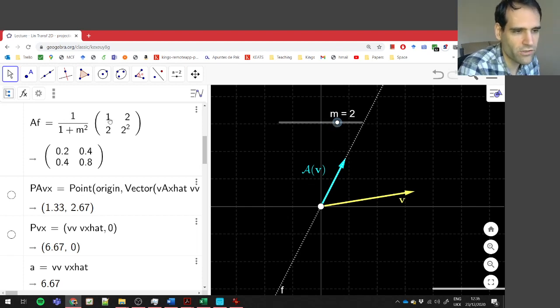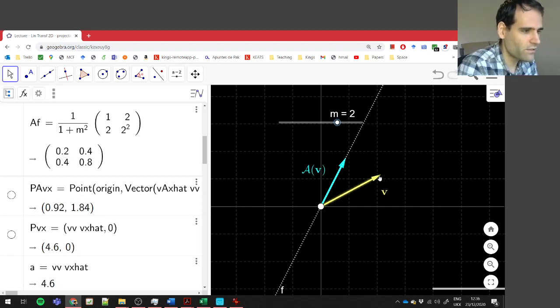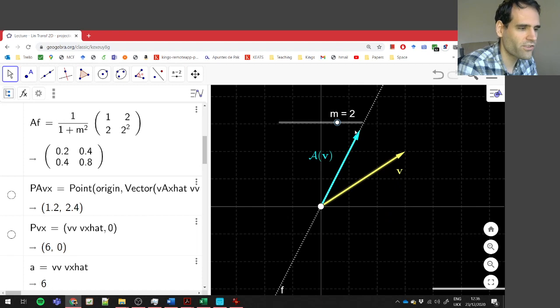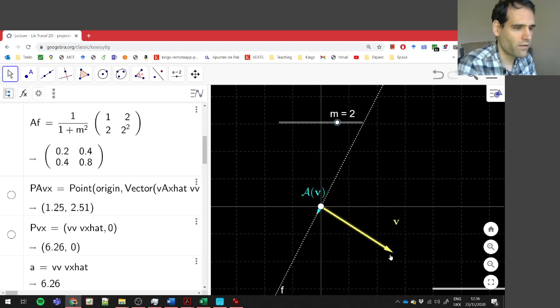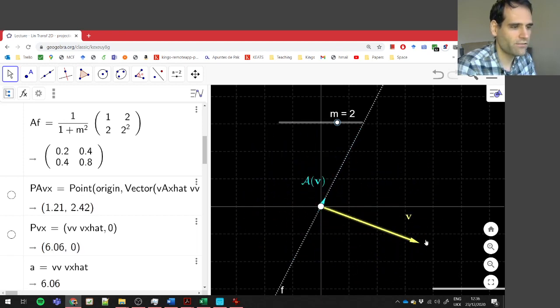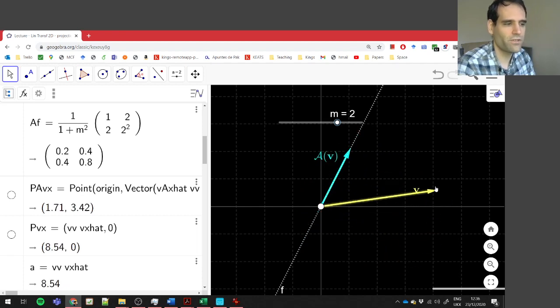If you substitute the 2s, you end up with this matrix. Using this matrix, you can multiply it by any vector. We start with the yellow vector v, and the result is the projection onto the line y equals 2x, which is this blue vector here. You can see that it is indeed projecting the vector onto this line, whatever vector we choose.